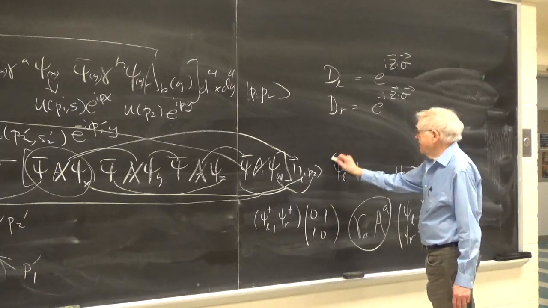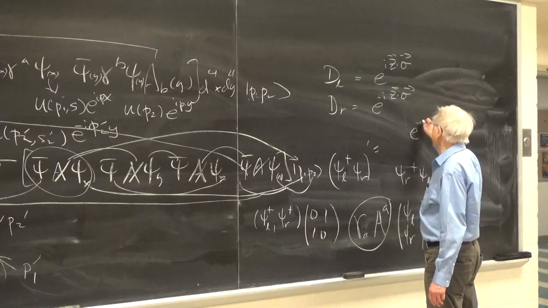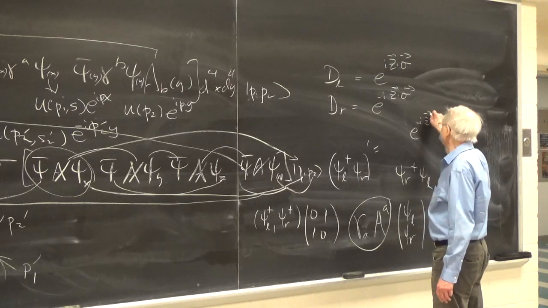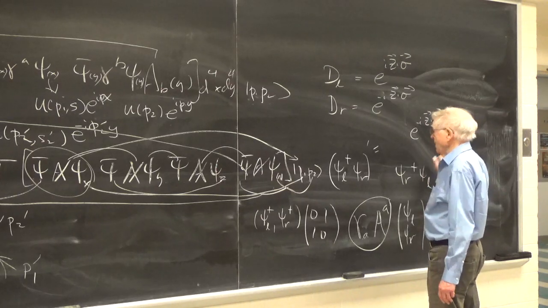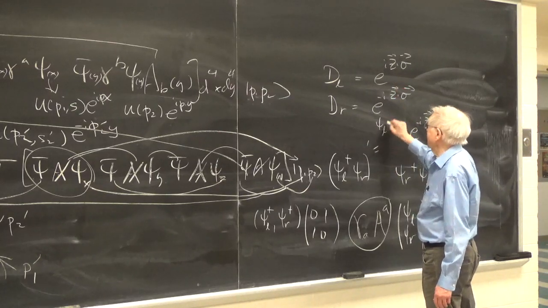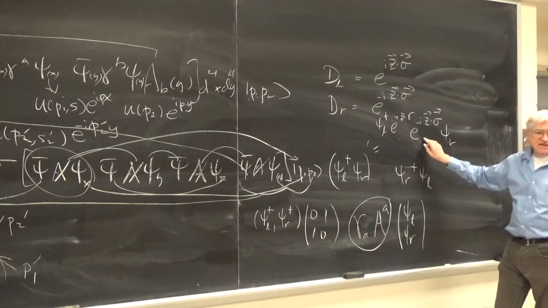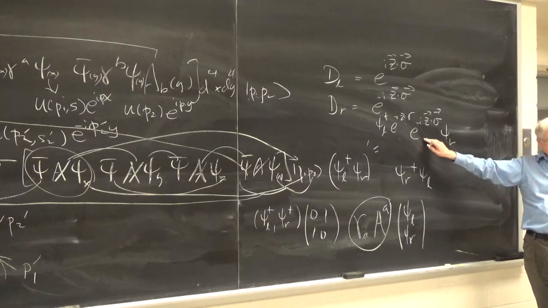Well, this thing prime is equal to e to the minus i Z dot sigma psi right, and this is psi left dagger, so that's psi left dagger e to the minus i Z dot sigma, and then you see these 2 exponentials cancel.